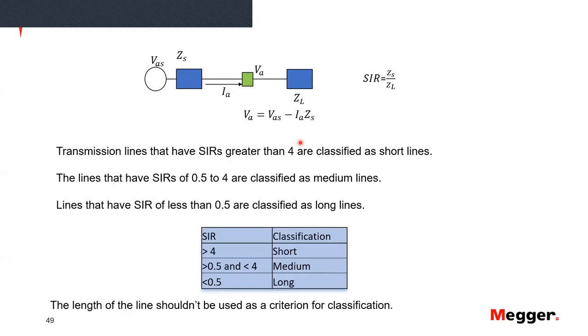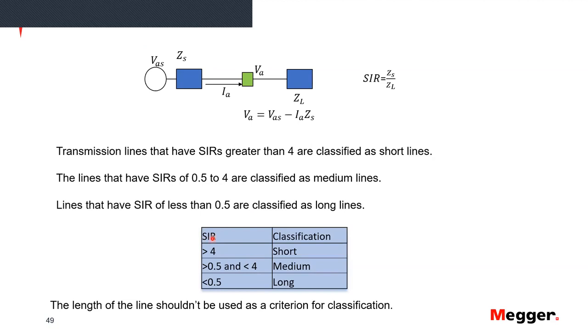You could have places where you have weak sources. Weak sources mean sources with a high impedance, where the classification could give you something even if the length of the line is long. This is only a classification done on the basis of the SIR alone, not on the actual length of the line.